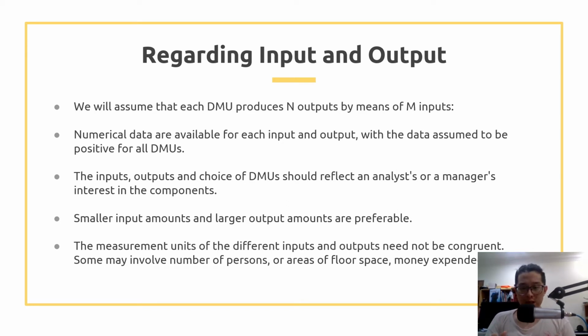In principle, smaller input amounts and larger output amounts are preferable, so the efficiency scores should reflect these principles. Lastly, the measurement units of different inputs and outputs need not be congruent. Some may involve number of people or areas of floor space, money expended, etc.